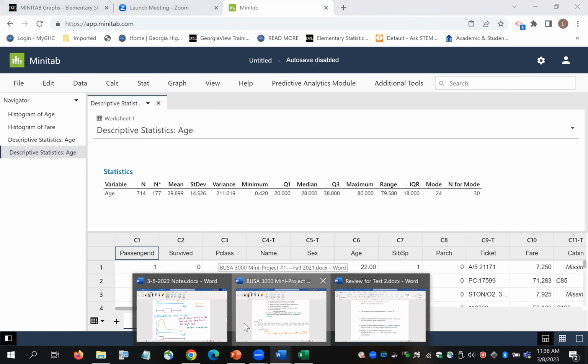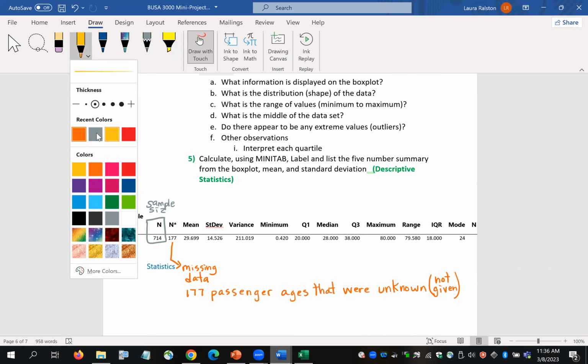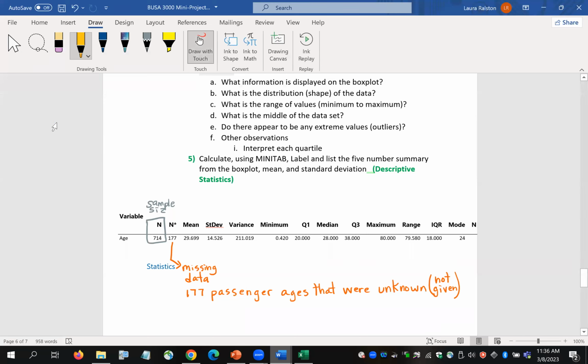Okay, now specifically for this question, I ask you for the 5-number summary, the mean, and the standard deviation. Okay, the 5-number summary, and I don't want to use the highlighter because it blacks it out. The 5-number summary is the minimum, Q1, median, Q3, and the maximum.